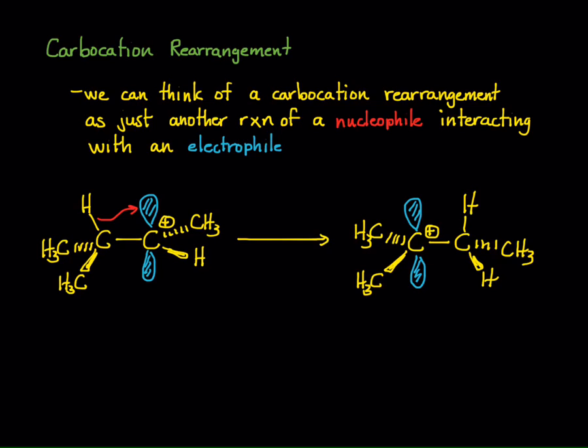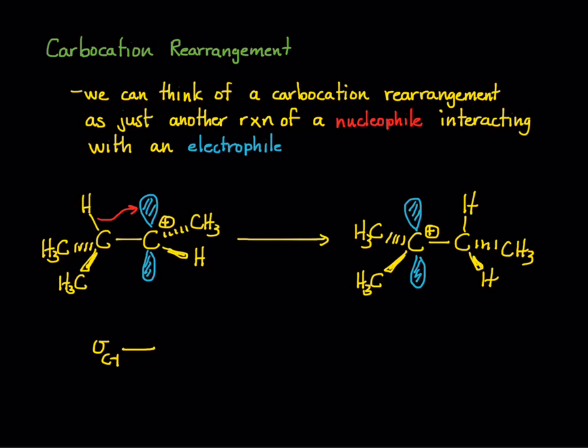Now, this carbocation is more stable than the secondary carbocation. And so what has happened is that the hyperconjugation effect has produced a more stable carbocation, certainly. It's just happened to produce it on a different carbon, right?